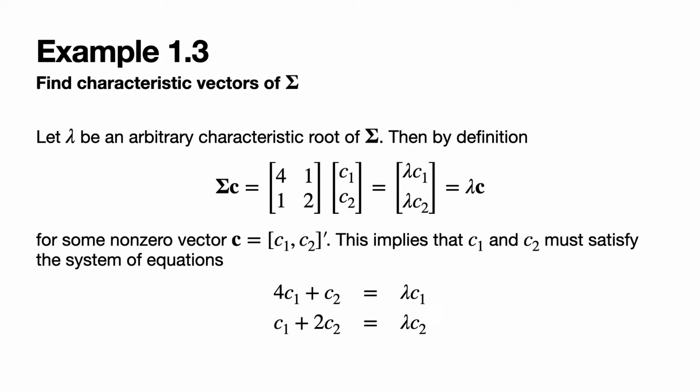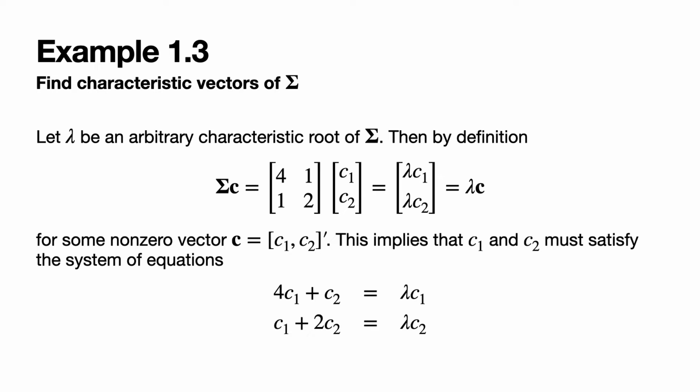So cap sigma times the 2 by 1 non-zero vector c must be equal to the product of this lambda, this arbitrary characteristic root of cap sigma, times the 2 by 1 vector c, where c is some non-zero vector, and we'll denote the entries in the 2 by 1 vector by c1 and c2.